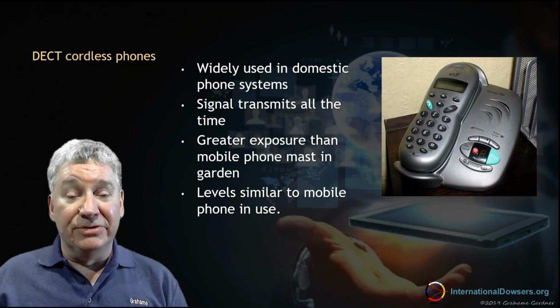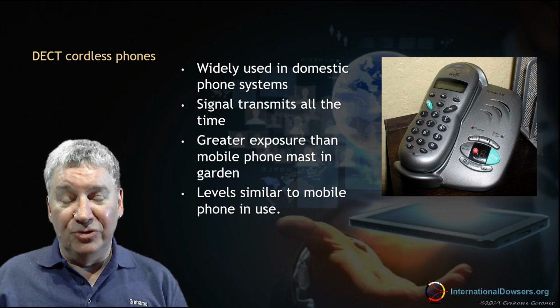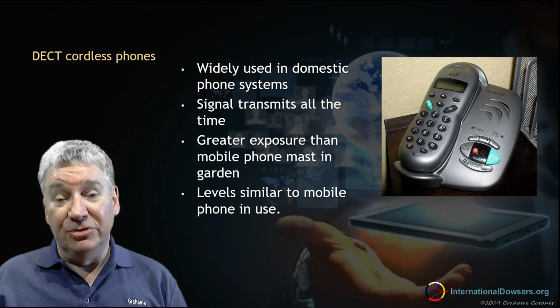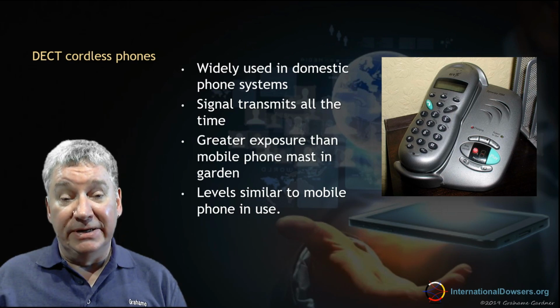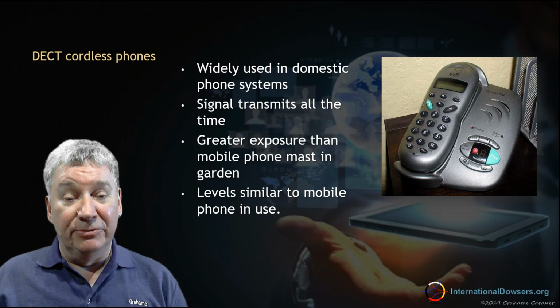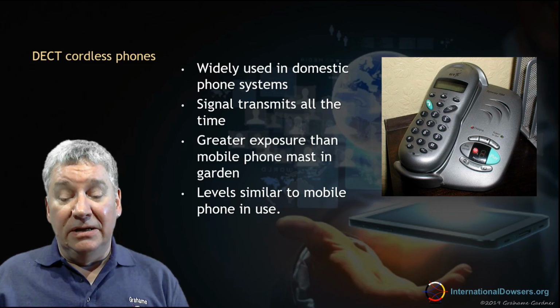But these are now widely used everywhere, and you have this signal transmitting all the time in the 2.4 gigahertz band. You get greater exposure from these than you would if you had a cell phone mast 100 meters away at the foot of your garden. And the levels when you're on the phone with these is similar or greater than that of a mobile phone. Sounds like this.